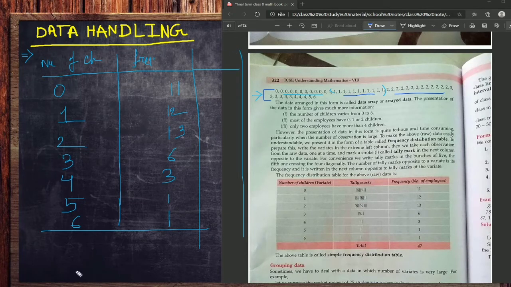First of all, for 4, if you want to represent 4 by tally marks, you can make 4 bars. But for representing 5, you make 4 bars, then cross them. That is represented as 5. Then what about 6? 6 means, first of all, you have to make 5 like this, then again the 1. Simple as that.